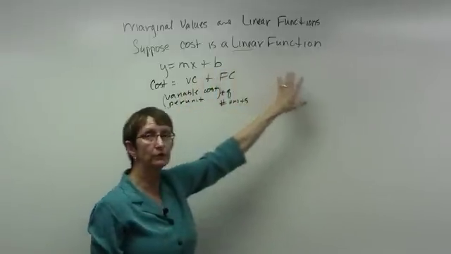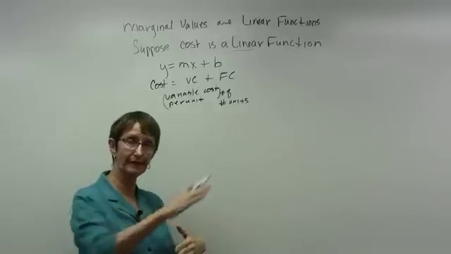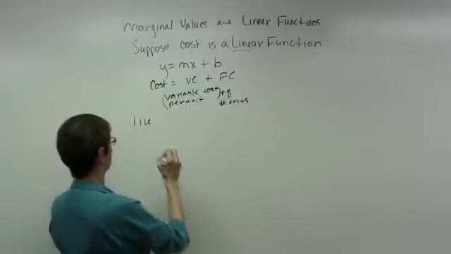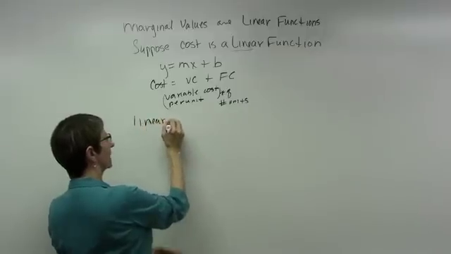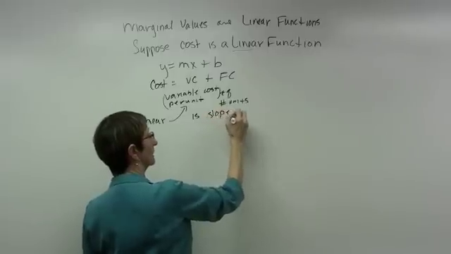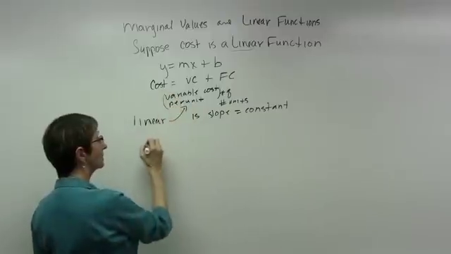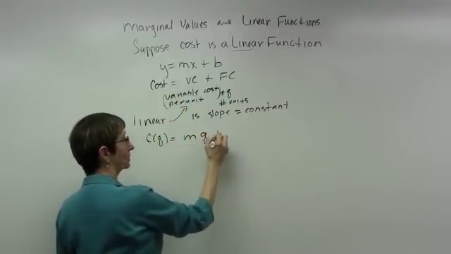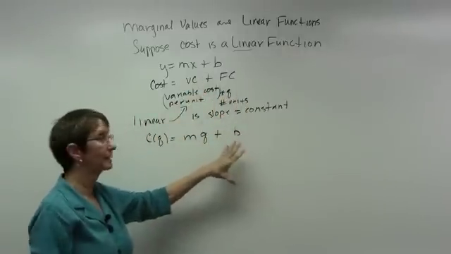Well, if we have a linear function, the variable cost per unit is a constant because it's a straight line. Straight lines have constant slope. So for linear, the variable cost per unit is slope, which is a constant. So my cost function, C of Q, can be written as M times Q plus B. Our fixed costs are B if it's a linear function.